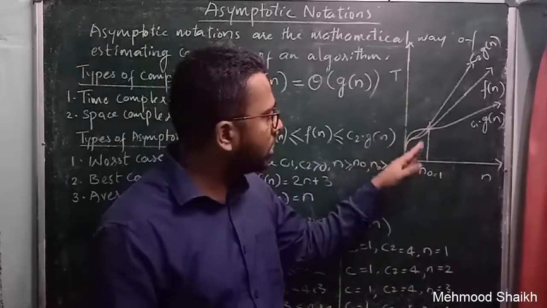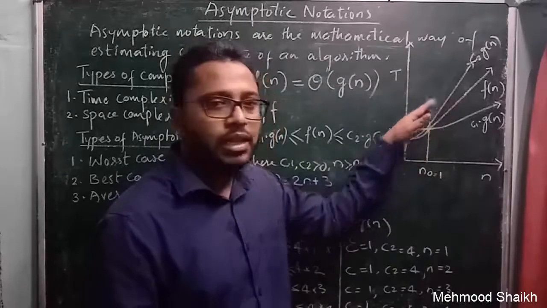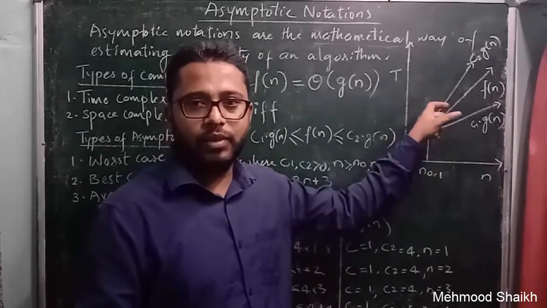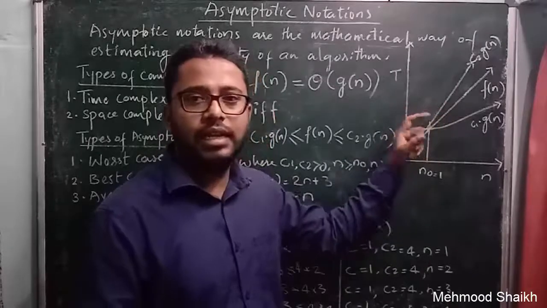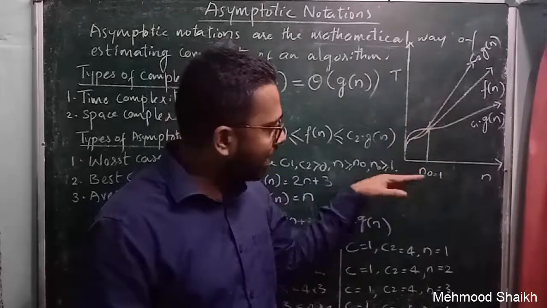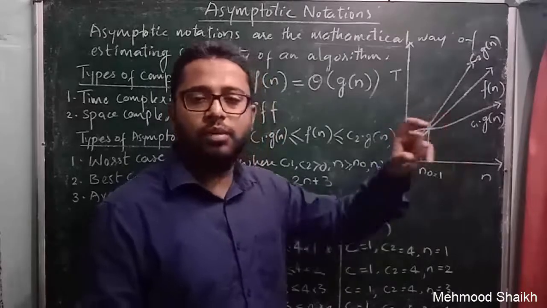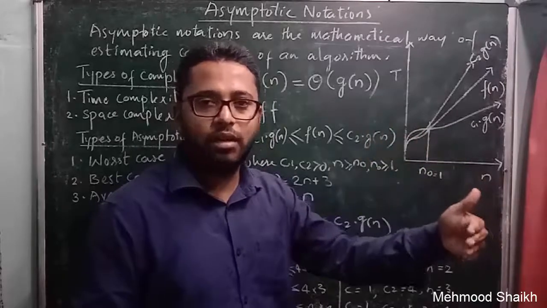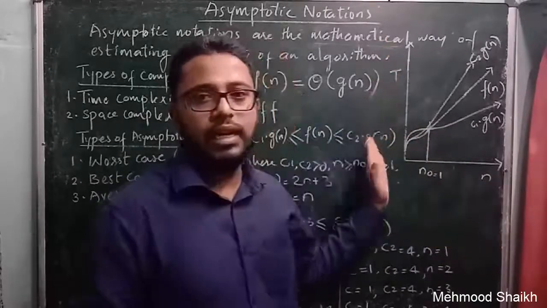With this graph you can clearly see that the graph is moving in a linear fashion. This algorithm is behaving as a linear algorithm, because as I keep on increasing the input size, or the number of steps in an algorithm, the time is also increasing.